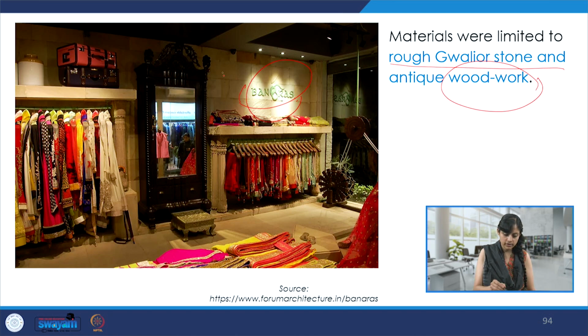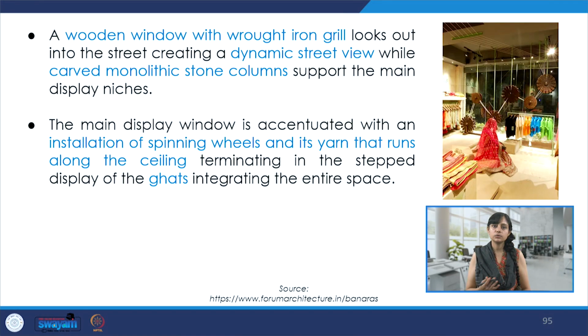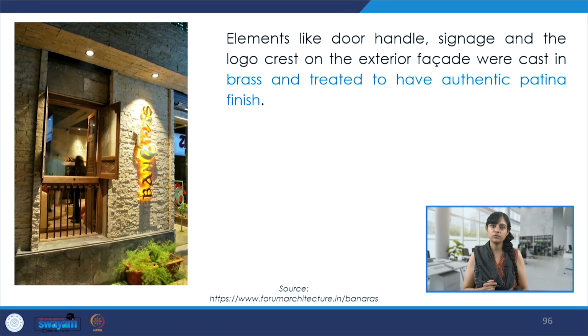It's the stone, pieces of wood, antique furniture, and there is wrought iron grill, and there are wooden windows. There is this interesting installation of spinning wheels, and the yarn that comes out of these wheels then extends and expands in space to create an interesting element of design. So those kinds of installations are also interesting over here.